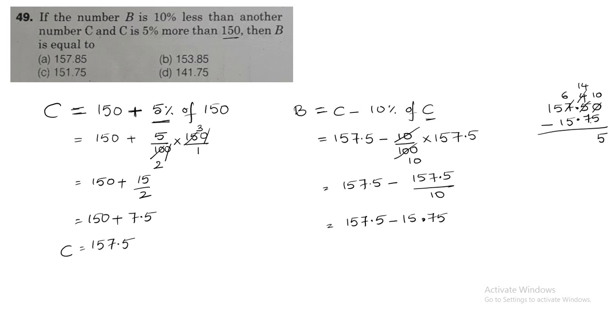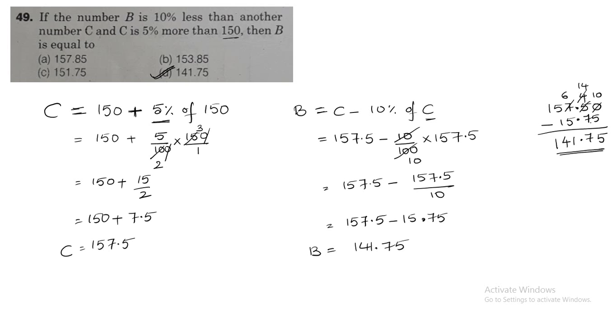So 14 minus 7 is 7. 6 minus 5 is 1. 5 minus 1 is 4. 1. So the answer is 141.75. So the value of B is 141.75. In this problem we have discussed percentages, right?